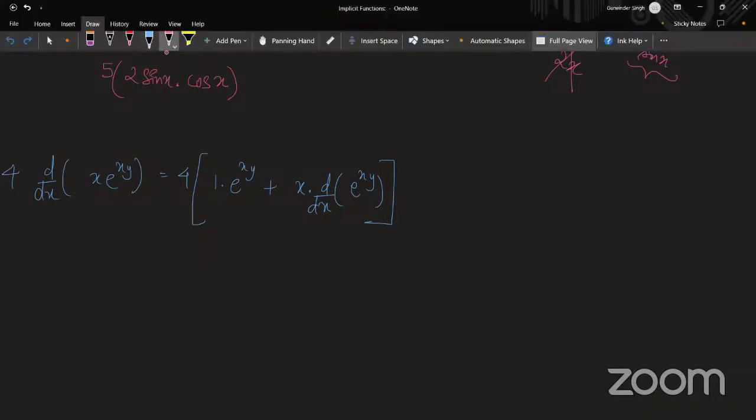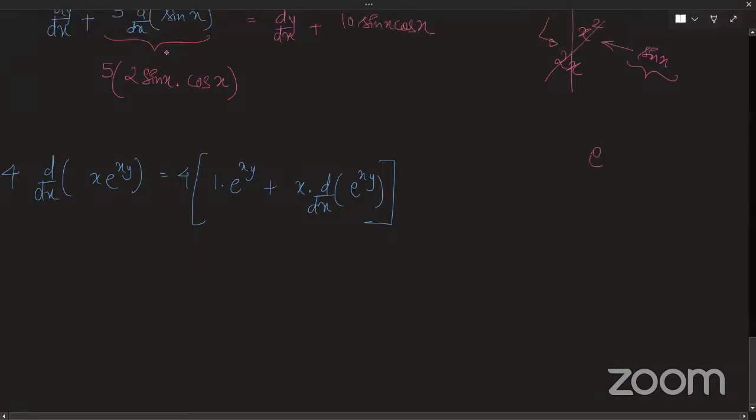Let us see how we can calculate it. We've got e raised to xy. Can you tell me which function has been inserted inside which function? xy is inserted in e raised to x. Great. Chain rule, right? Basic chain rule.